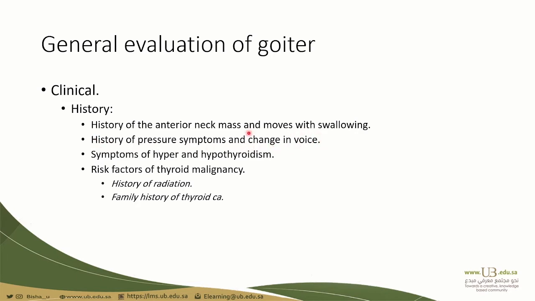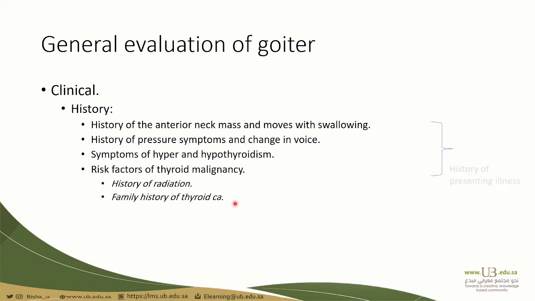The change in voice is usually malignant because of the invasion of the recurrent laryngeal nerve. And you will take history of the function, whether it is hyper or hypothyroid, and the risk factors of thyroid malignancy, history of radiation, and family history of thyroid cancer.